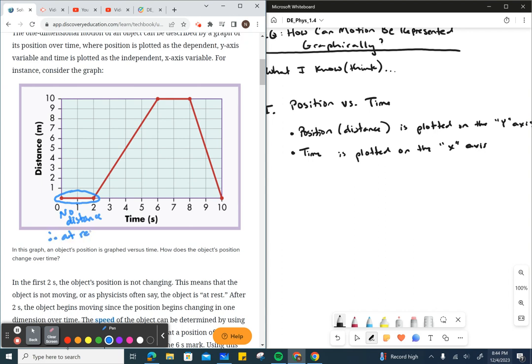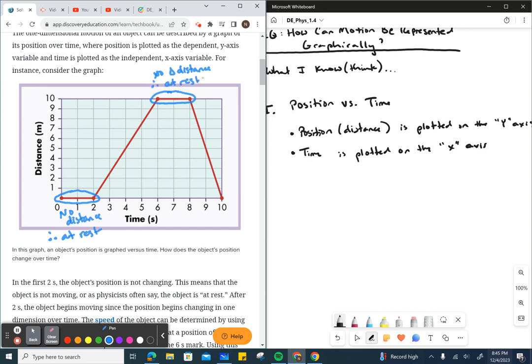Up here as well, when it gets to a distance of 10 meters, from seconds 6, 7, and 8, again there is no change in distance. Therefore, the object here is at rest.